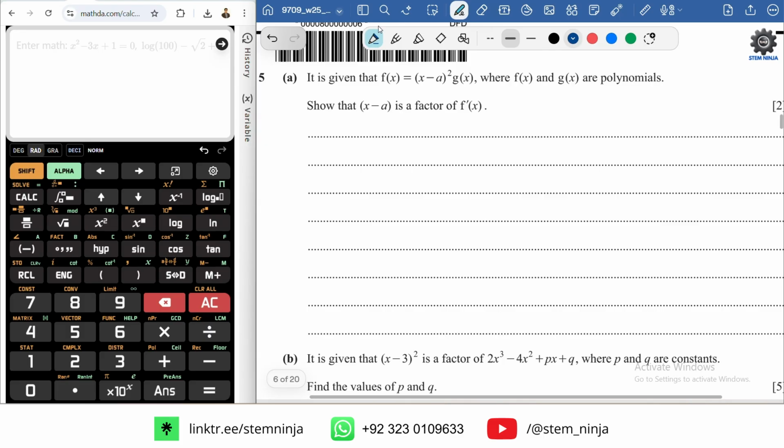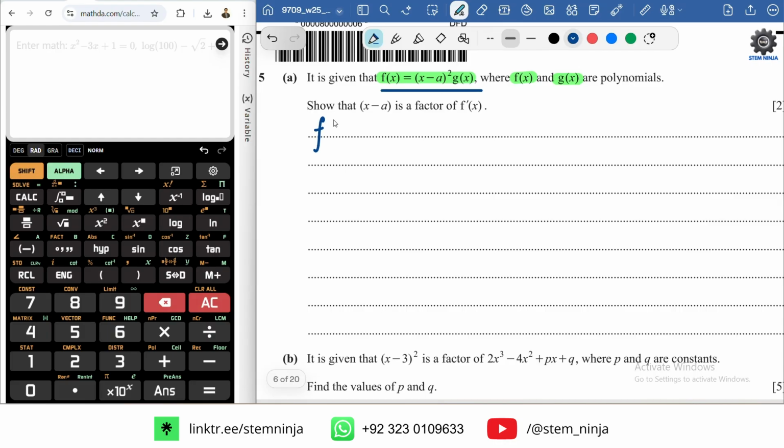Question number 5. It is given that f of x is equal to x minus a squared times g of x, where f of x and g of x are polynomials. Show that x minus a is a factor of f prime of x. So what we can do now is differentiate this using the product rule.